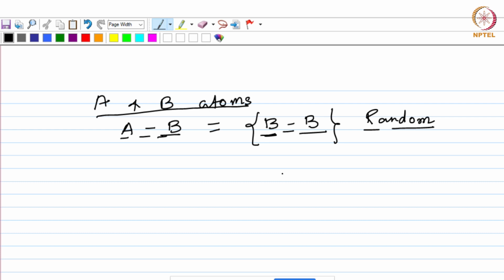Okay. On the other hand, they might also have a tendency to have dissimilar atoms.